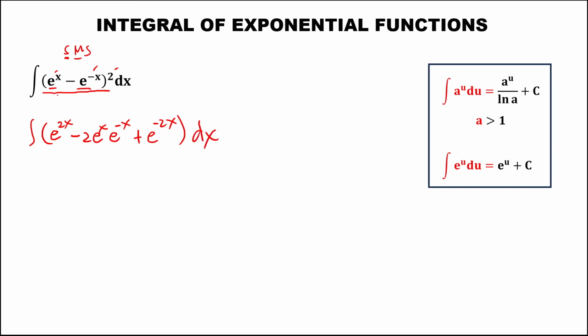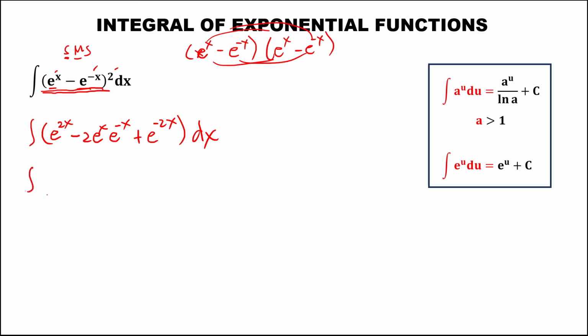Again, you can expand this equation using the FOIL method. You just need to rewrite e to the power x minus e to the power negative x twice, then apply the FOIL method to expand, then simplify or integrate every term.